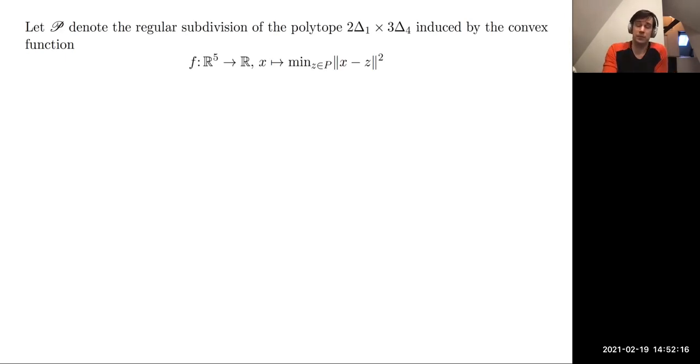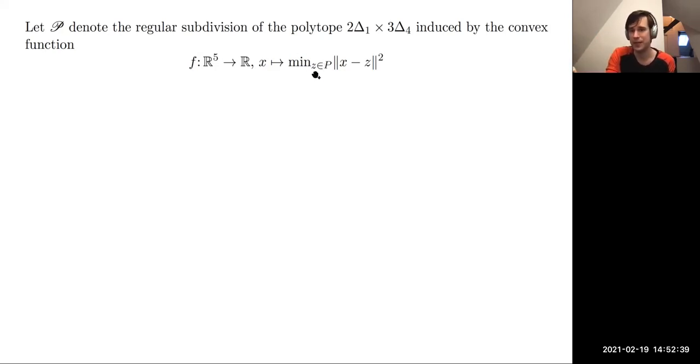And now we can basically do the whole thing from before. We can write down a degeneration. And to write down a degeneration, we specify a regular subdivision. And basically, we want the polytope that we just mentioned to be one of the polytopes in the subdivision.